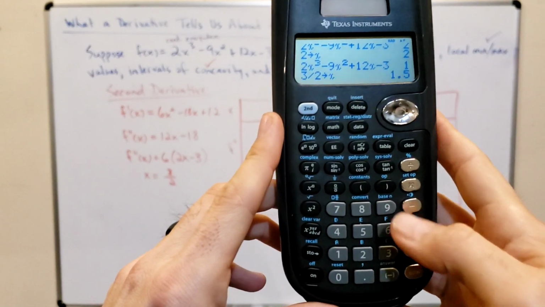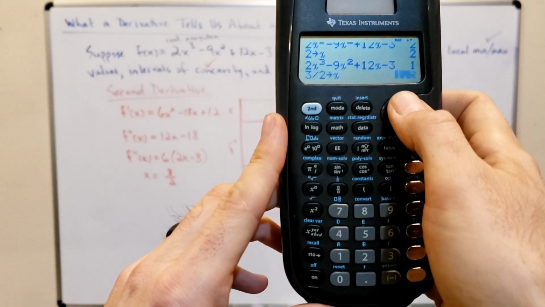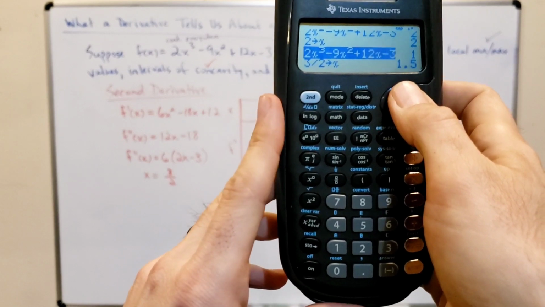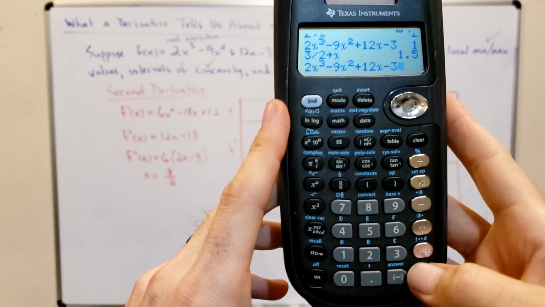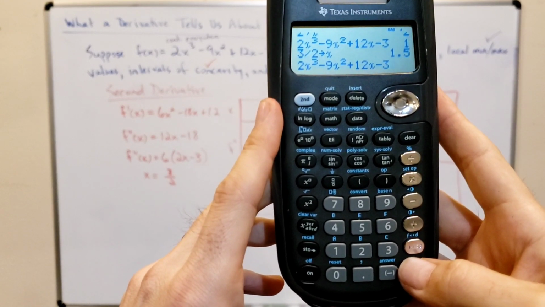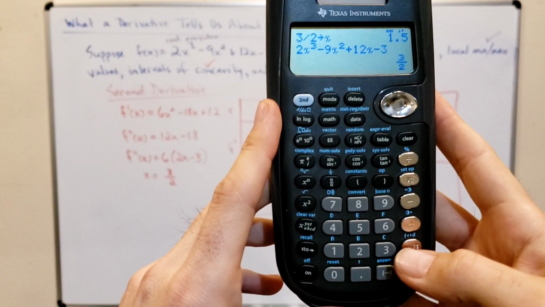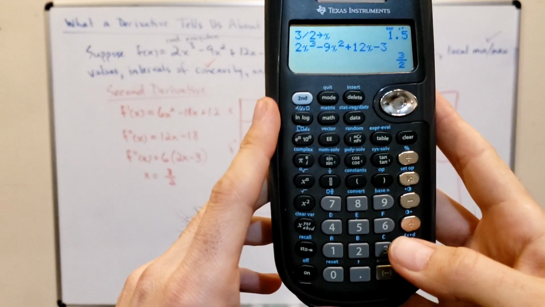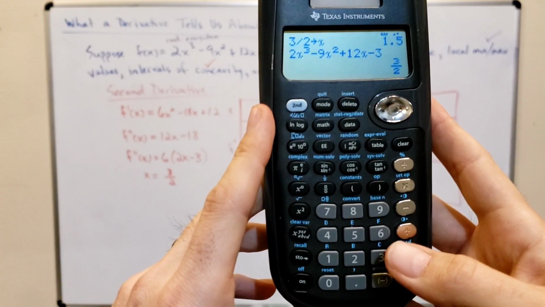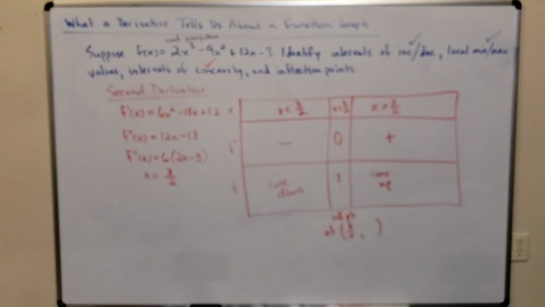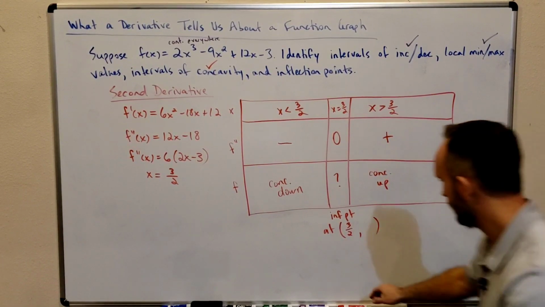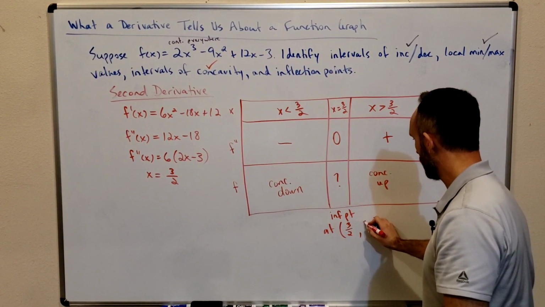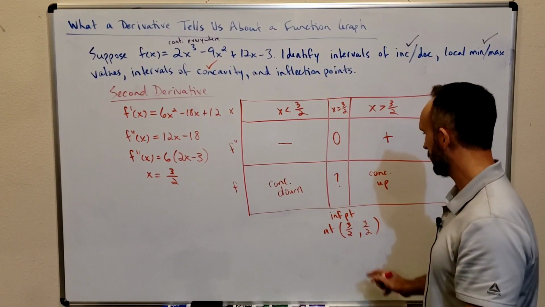So that's my new x value. Then I'll go up to my function and hit enter to retype it. And then I'll hit enter one more time to recalculate it with the new x value. And my y value, the output, is 3/2 also in this case. So that means that the inflection point is the ordered pair 3/2, 3/2.